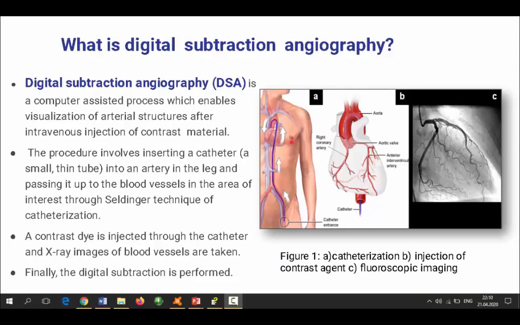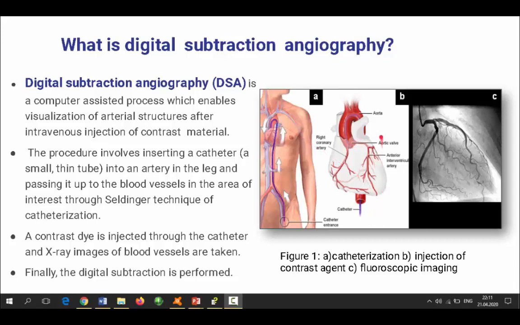My name is Nilüfer Manzadeh and I would like to talk to you about digital subtraction angiography. So DSA is a computer-assisted process which enables visualization of arterial structures after intravenous injection of contrast material. The general procedure involves inserting a catheter, which is a small thin tube, into an artery in the leg or groin and passing it up to the area of interest.